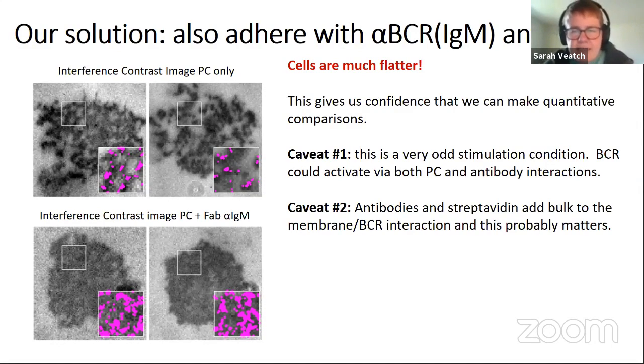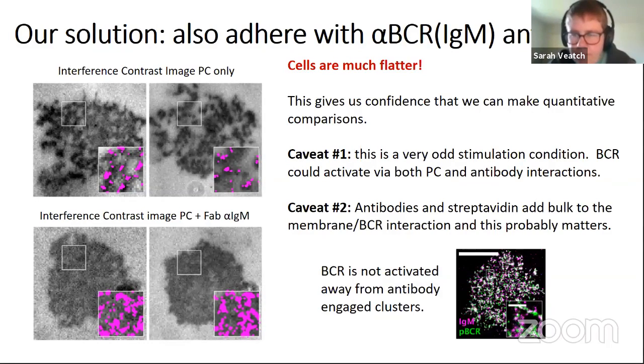The other thing is that the antibodies and streptavidin, which we're using to make this interaction more robust, also have bulk, and those have to fit also under the membrane, and that also could be contributing to the result. I'll say in this new activation scheme, we can still show that we're not activating receptors away from where we're labeling them by just this antibody.